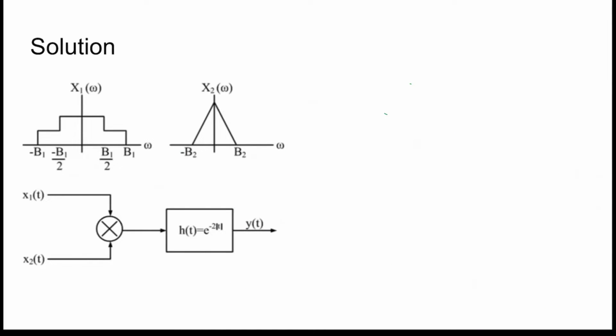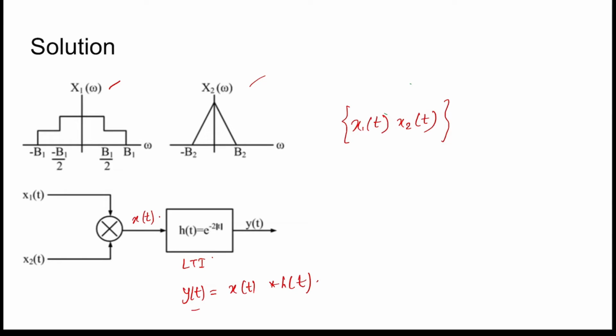Now coming to the solution, these are the two signals X1(omega) and X2(omega) having bandwidth B1 and B2. In the question, these two signals x1(t) and x2(t) are multiplied and the overall time domain signal is passed to the LTI system having impulse response h(t), giving y(t). If this is x(t), then y(t) is given by x(t) convolution h(t).